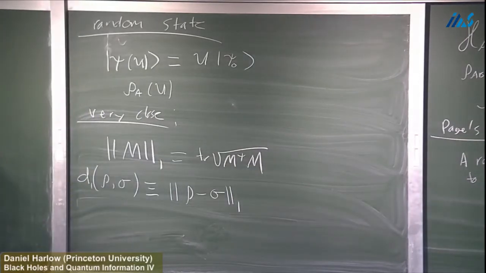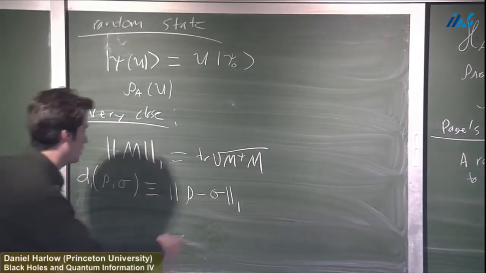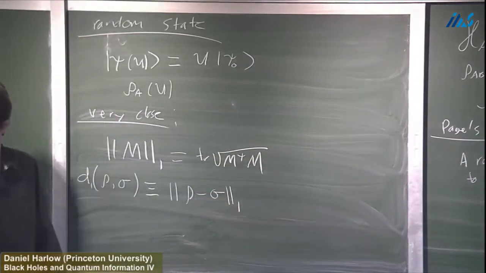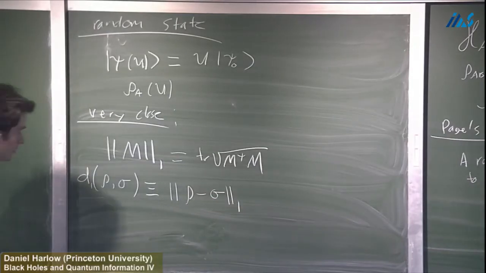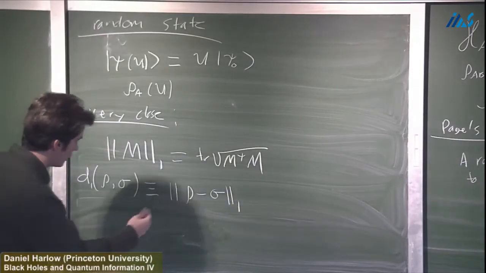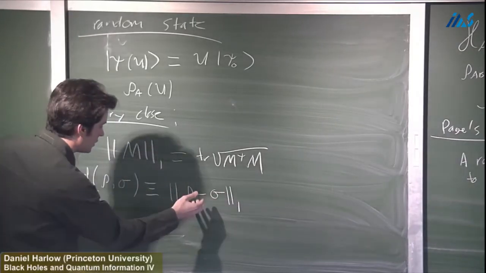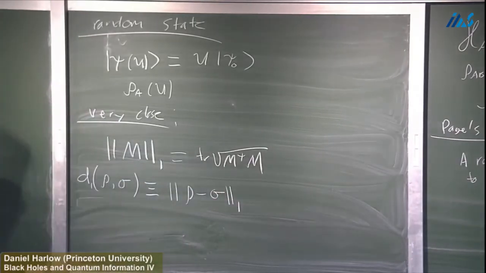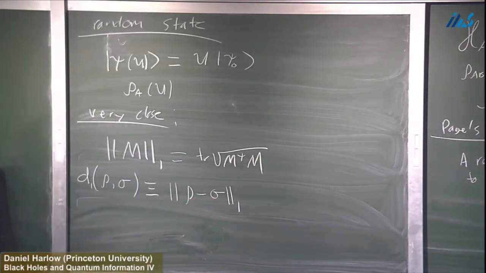And this is a good definition because, in particular, say you have two states, rho and sigma, and the trace norm of their difference is less than epsilon. Then without too much trouble, and I think I put it in a footnote here, you can convince yourself that the probability distributions for any experiment differ between these two ensembles by at most epsilon.